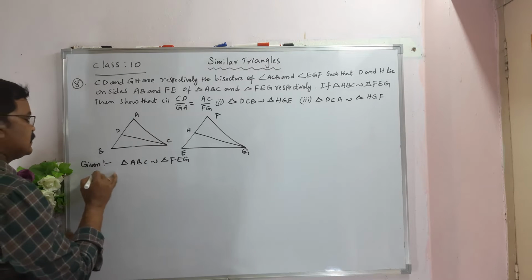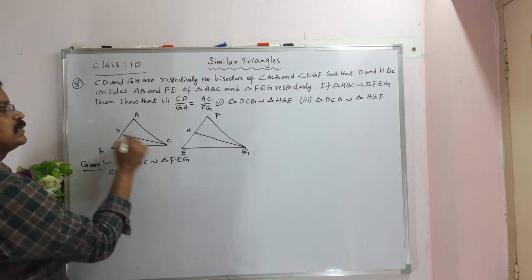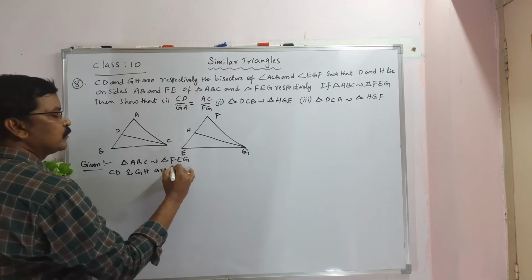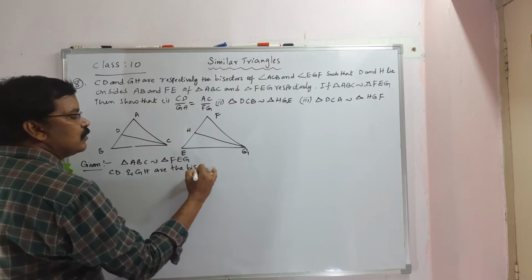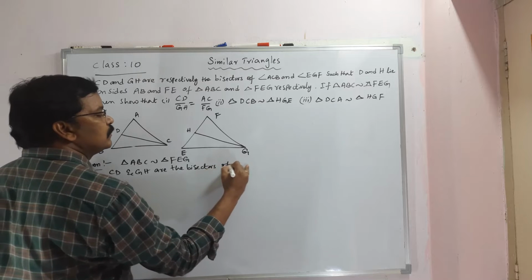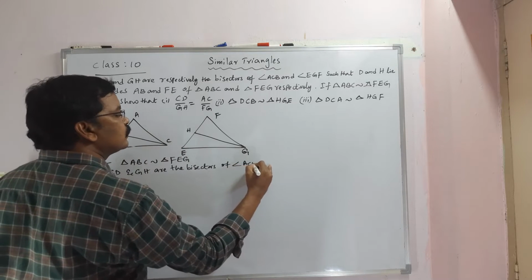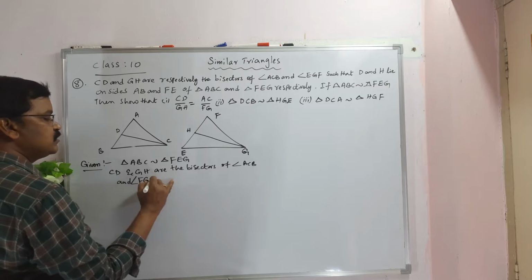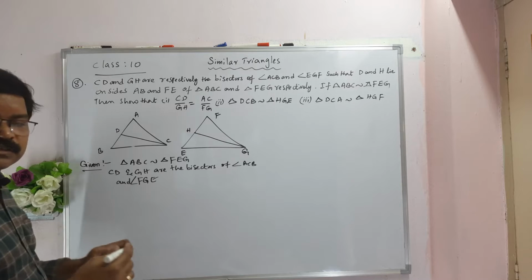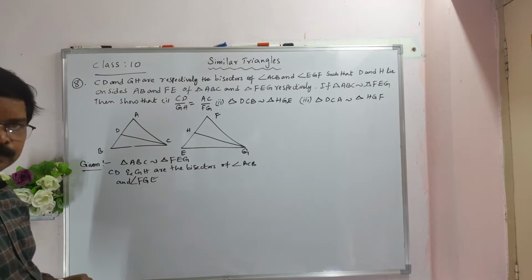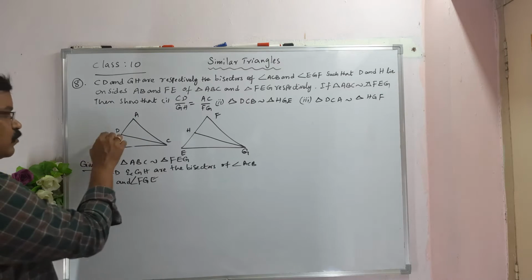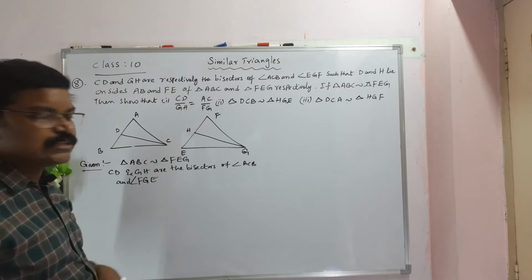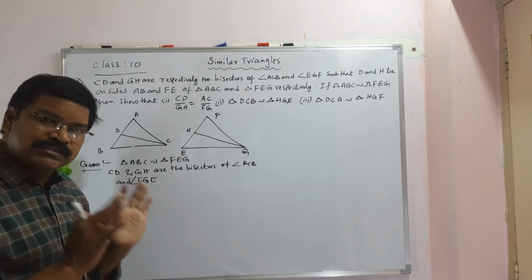CD and GH are the bisectors of angle ACB and angle FGE. And of course, D and H are points on AB and FE of triangle ABC and triangle FEG. So this is given.